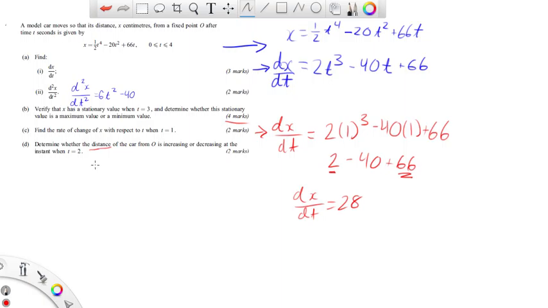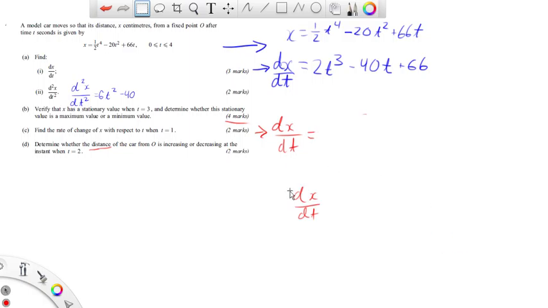Let me get rid of all this. All right, so if the distance is measured by this, is it increasing or is it decreasing? Basically, how is it changing? It's just another fancy way of saying, what is the derivative? So we plug this back in to the derivative.